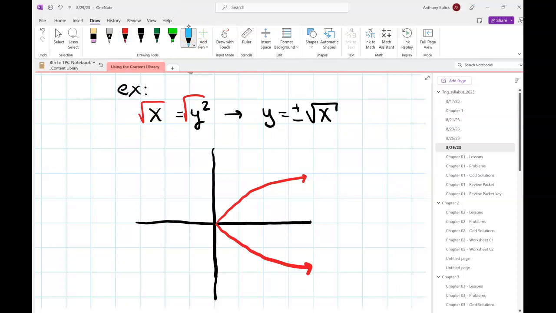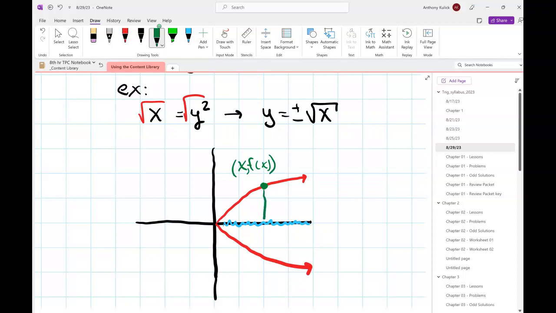So what do we mean by symmetric with respect to the x-axis? It means if we think about the x-axis as a mirror, and I take some point on this side of the x-axis, maybe I'll call that point x comma f of x.